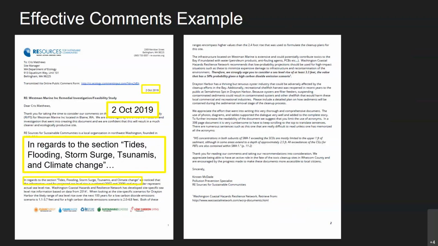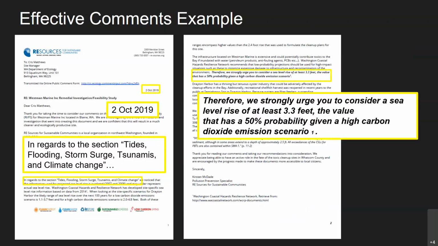Kirsten highlighted one specific section of the remedial investigation feasibility study, a section on tides, flooding, storm surge, tsunamis and climate change. That helped us direct where it was.